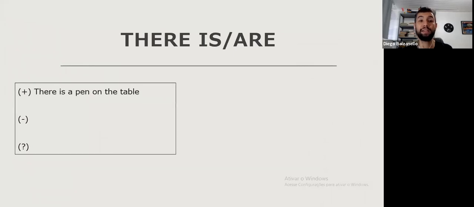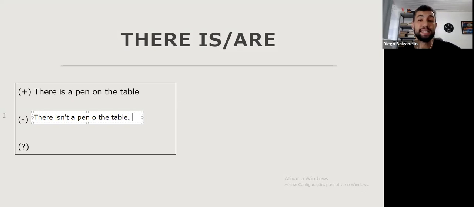Let's complete here, okay? There is a pen on the table. What would be the negative form for that? Let's do it together. So, we would say, there isn't a pen on the table.